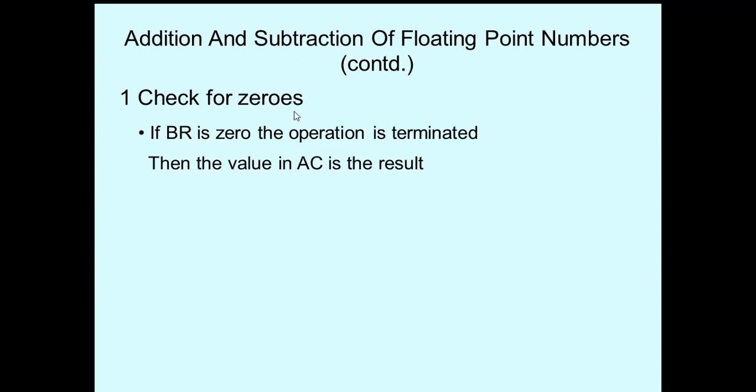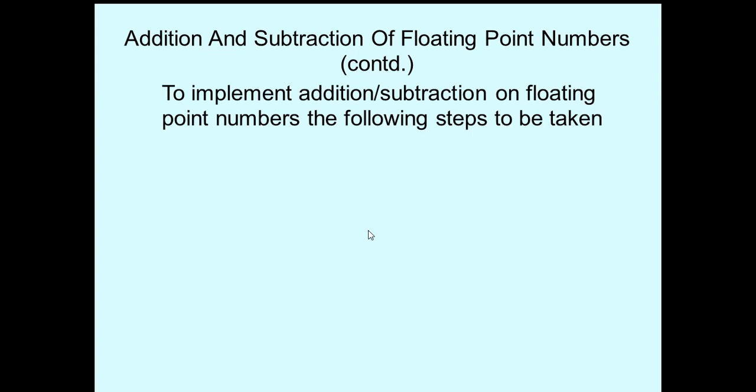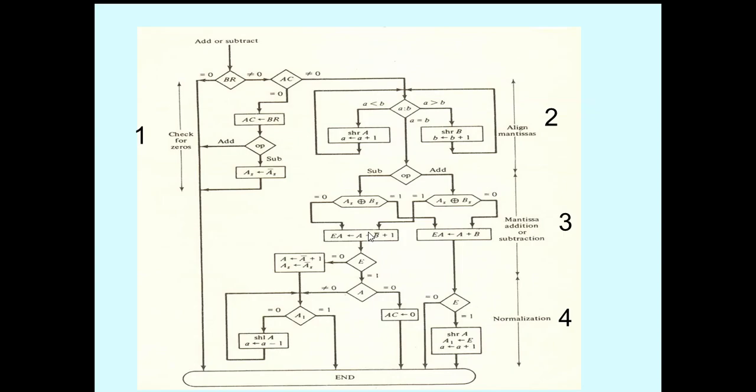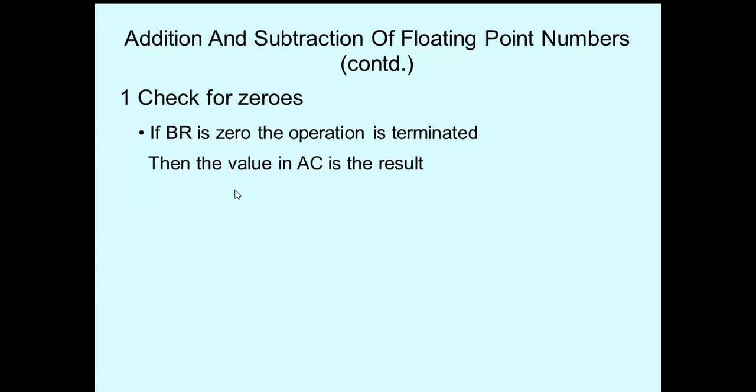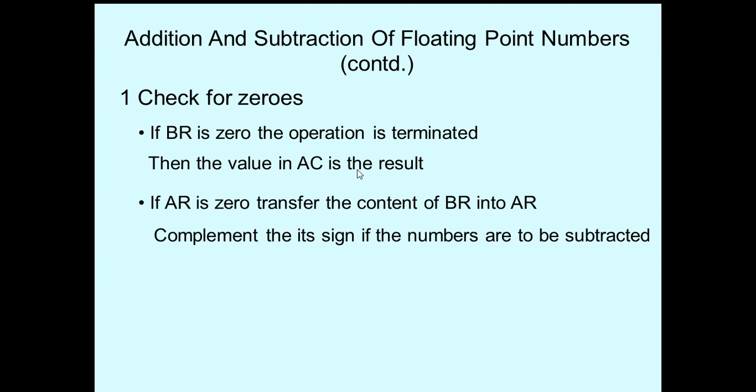First they check for zeros. Here I am explaining this flow chart. If BR is 0, the operation is terminated, and the value in AC is the result. If AR is 0, transfer the content of BR into the AR. Why?